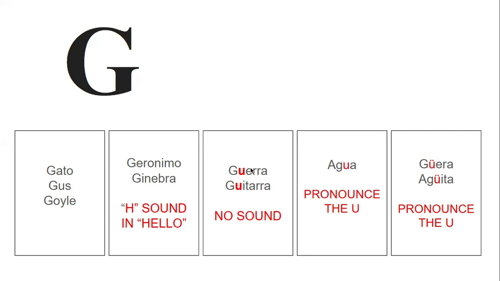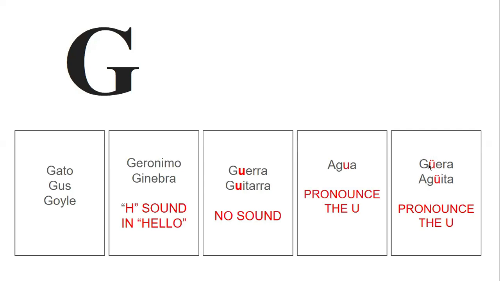And in this case, when we have e and i, we can also pronounce the u when we have these two points, these two marks above the u. I don't know how to name them in English. What's the name of these symbols in English?